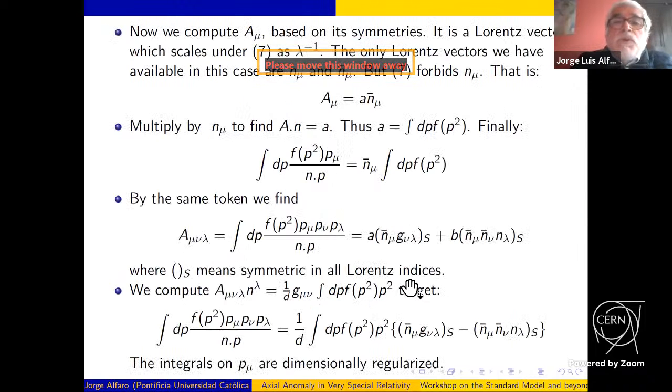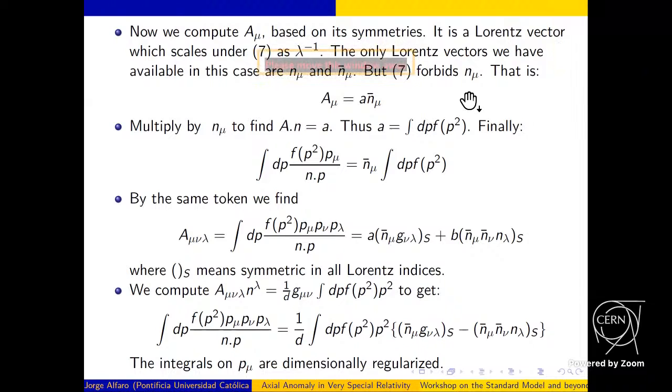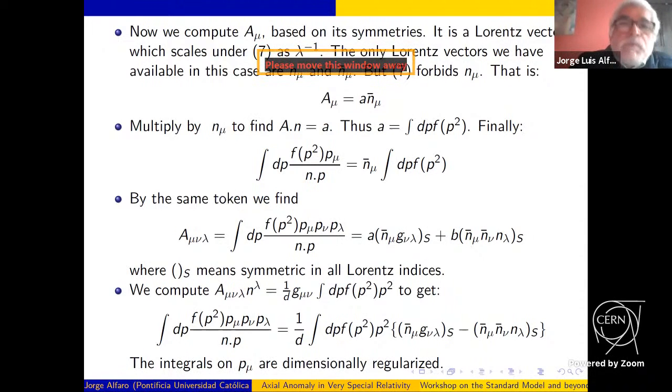So now we compute a^μ based on these symmetries. It is a Lorentz vector which scales under this as λ to the minus 1. The only Lorentz vectors we have available in this case are n^μ and n̄^μ. But the scaling forbids n̄^μ.